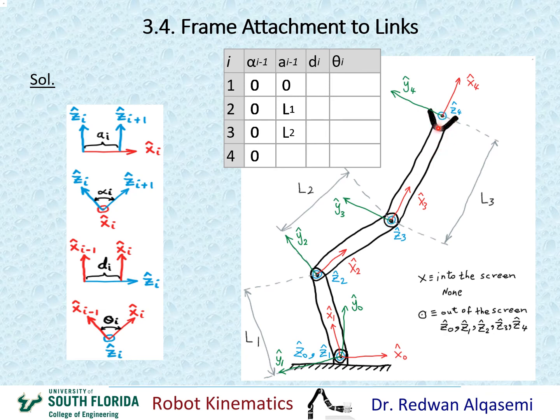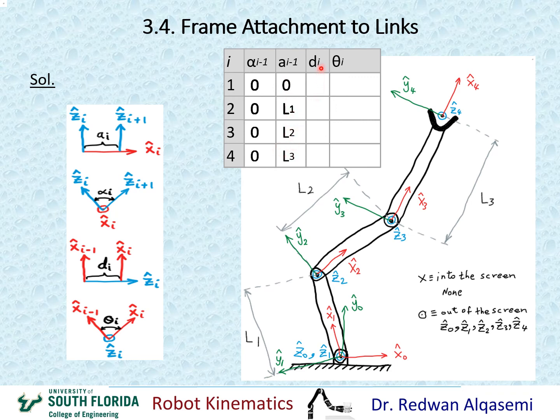And I'm looking at the distance between them along X3, this direction here. Obviously the distance between Z3 and Z4 is right here. That's L3. So that means A3 is equal to L3. Okay, that completes my second column here for the link length A.